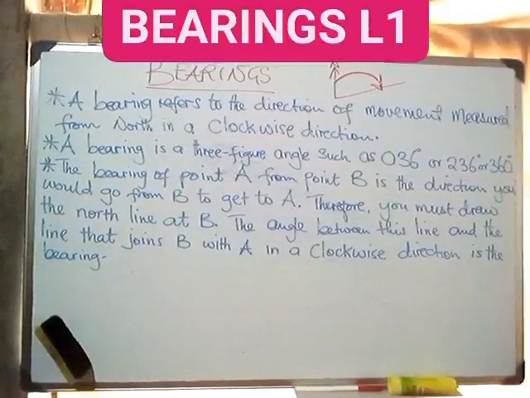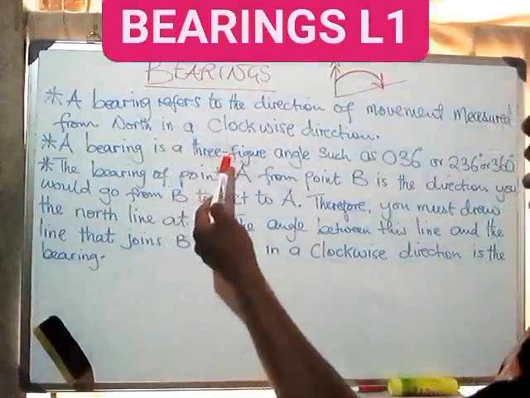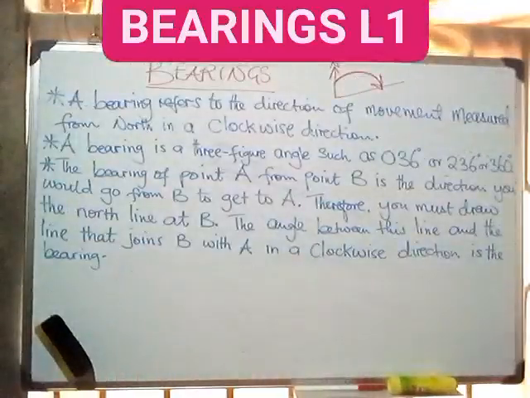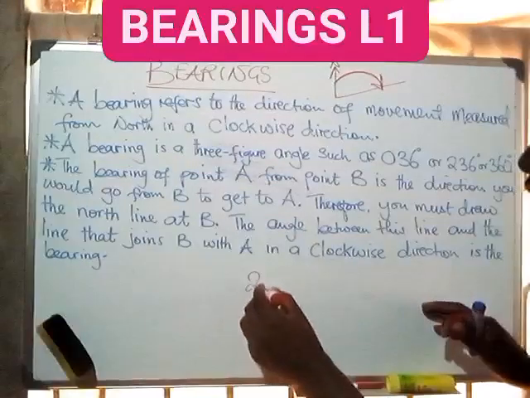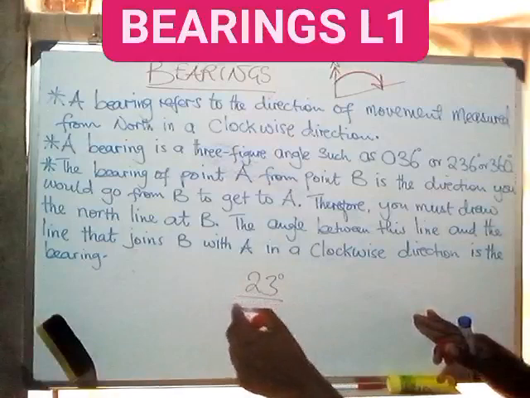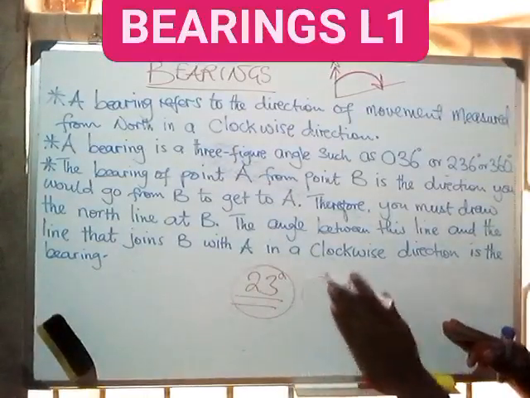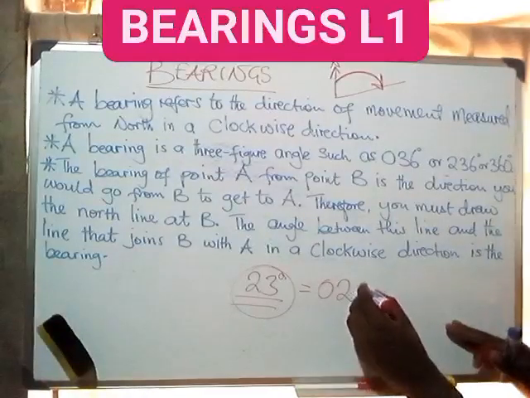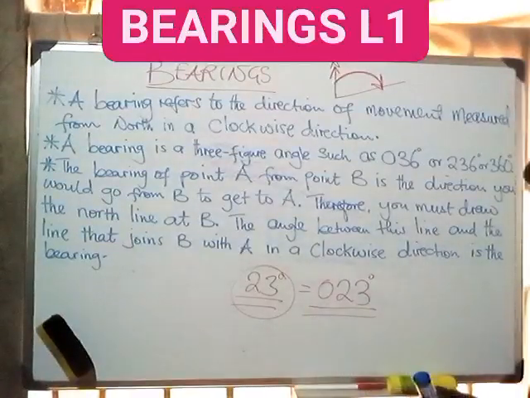Then the other point we have is that a bearing is a three-figure angle. So this means that bearings are written in three figures. If you find an angle which is 23 degrees, this should not be your final answer under bearings, but it is supposed to have three figures, meaning it will be 023.